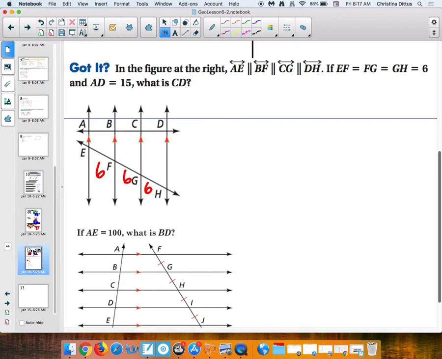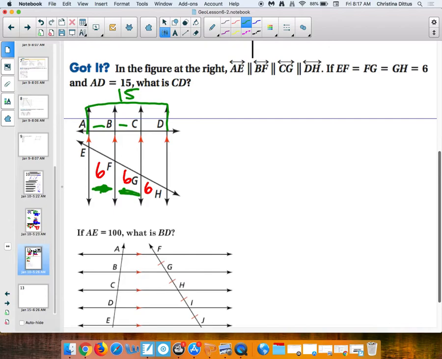And then it says AD, that whole line up here is 15. So what that little thing says on your paper, that theorem 6-7, if you have parallel lines and you know that these are equal, these two things, then these have to be equal. In this case, we have 3 of them.